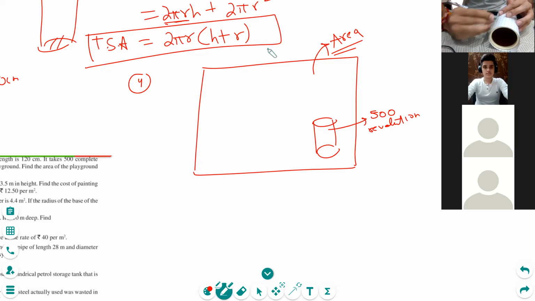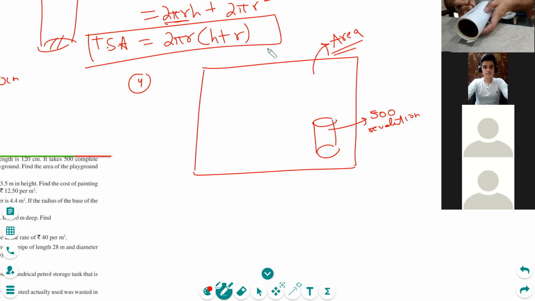I'm trying to make it interesting for you. So what I'm doing right now is this. This is how a roller looks like. Roller, tongue twister. I have marked a point here.